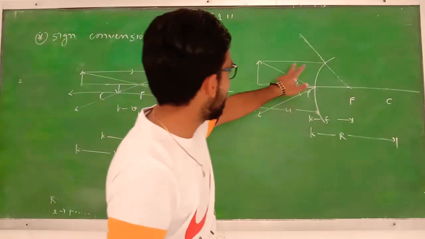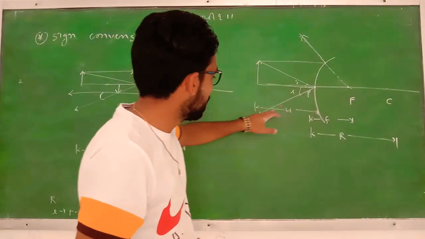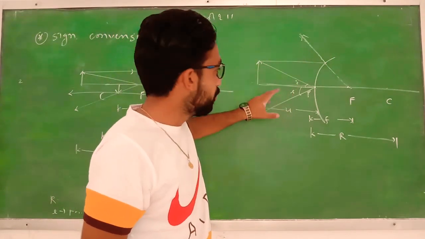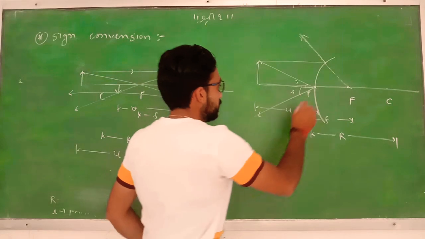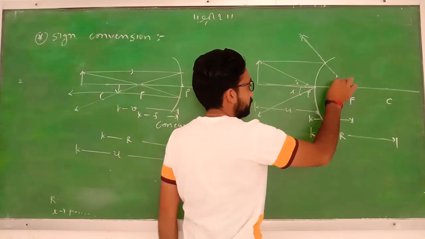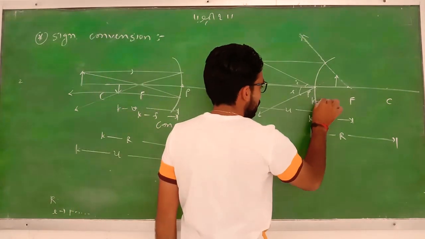So this is one reflected ray in this direction, and the second reflected ray in this direction. These two rays do not meet each other, but when we extend them backward, they meet here. So this is our image, and the distance of this image from the pole is the image distance.